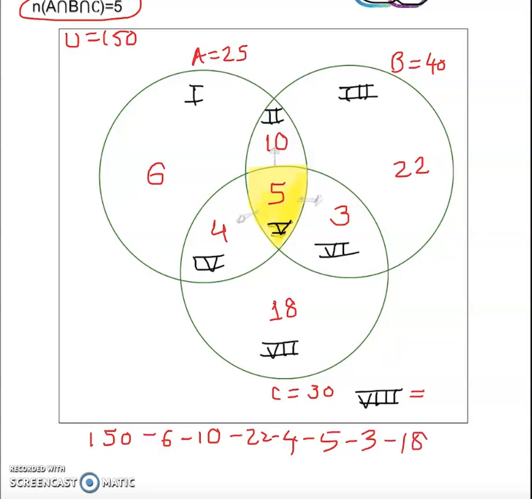That would give you 82. So that is my region 8.